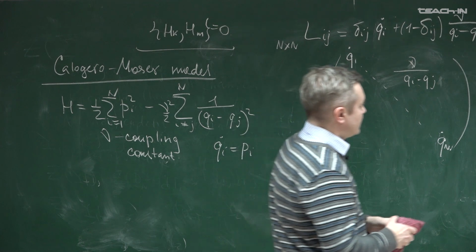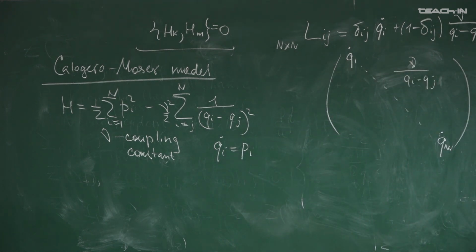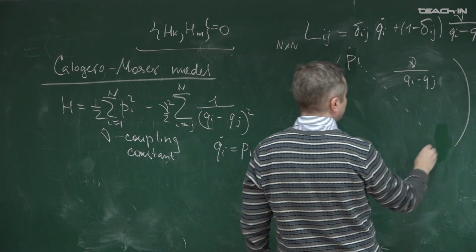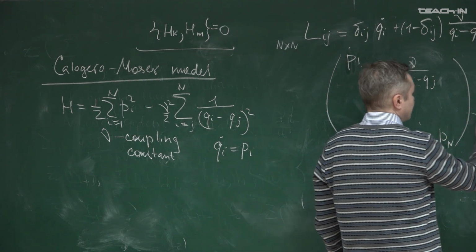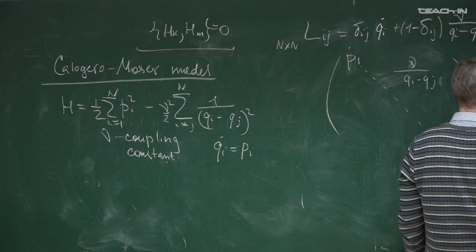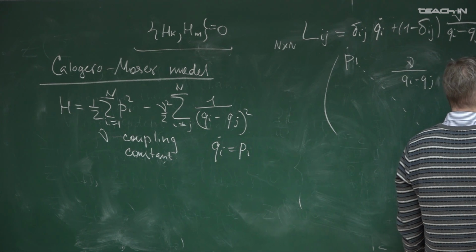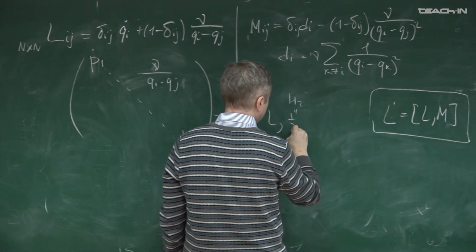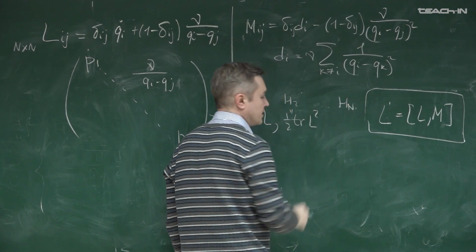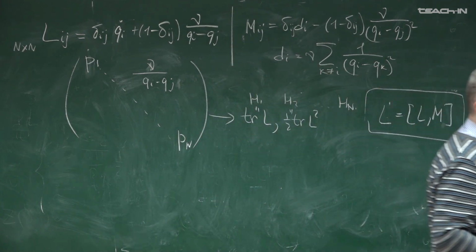And in order to prove this statement, the statement is in fact that if you put here not velocities but momenta, and if you compute all these Hamiltonians, H1, H2, and so on, up to Hn, then all of them are independent and all of them are in involution.